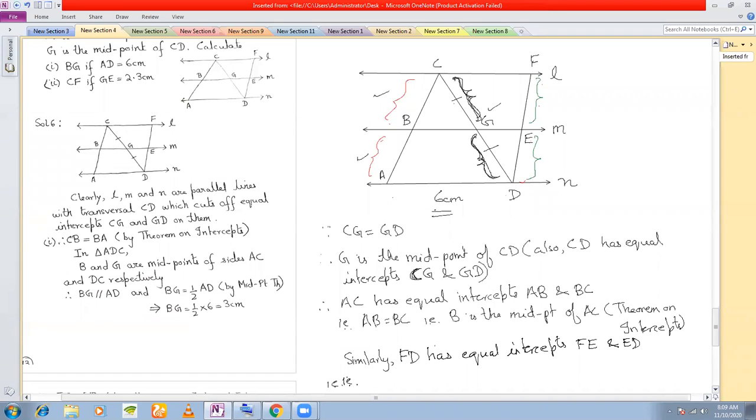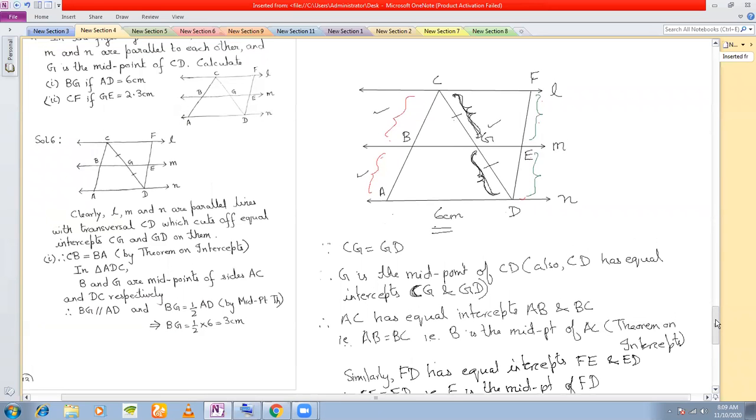That is, FE is equal to ED. That is, E is the midpoint of FD.